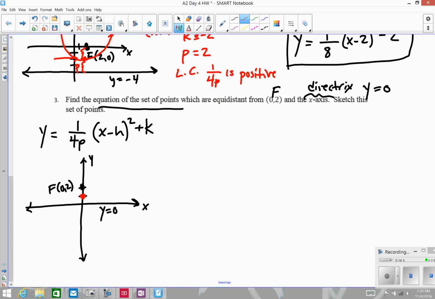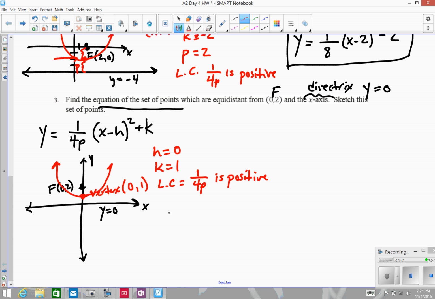So right here, vertex will have the coordinates 0, 1. That means that I know that h is equal to 0, k is equal to 1. My parabola is going to curl around that focal point. So it looks like we're opening upwards. And my leading coefficient then, which is 1 over 4p, must be positive.